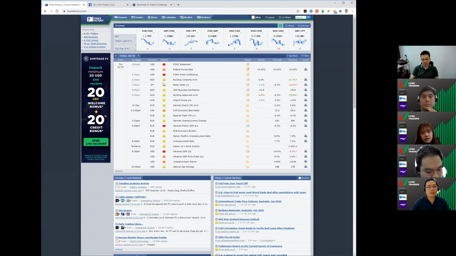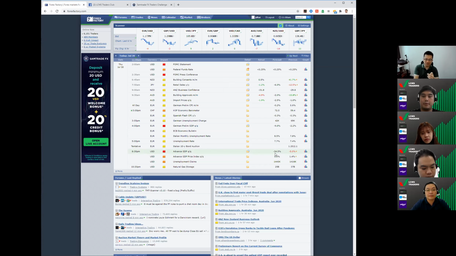Then later today, we have some Euro news and a US GDP number coming out. It's going to be terrible. Pay attention to this. It was minus 5%. They are expecting advanced GDP for the US to be minus 34.5%.